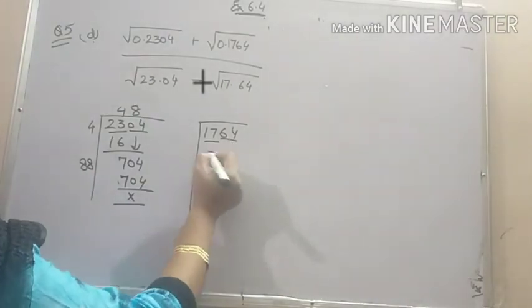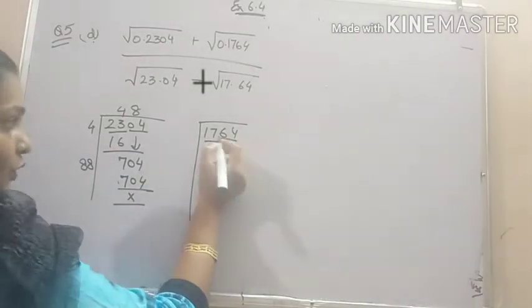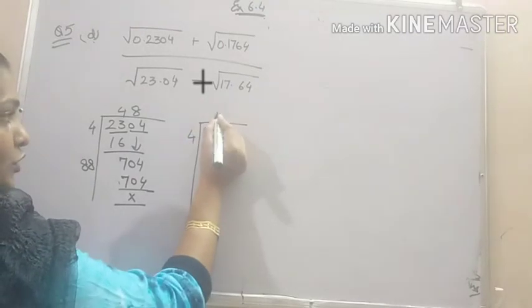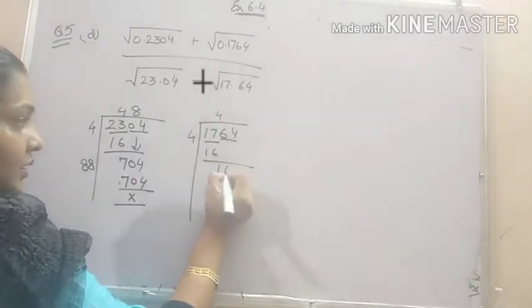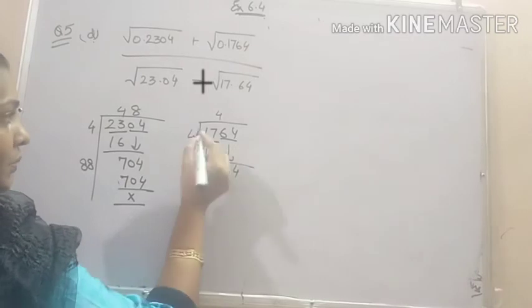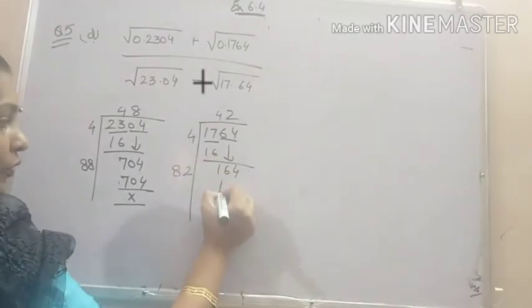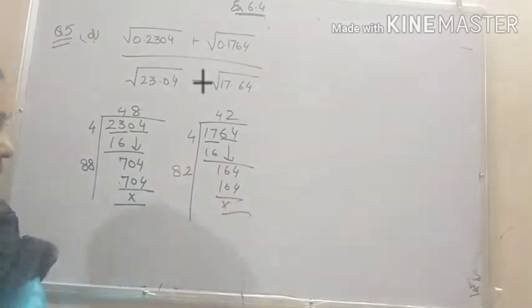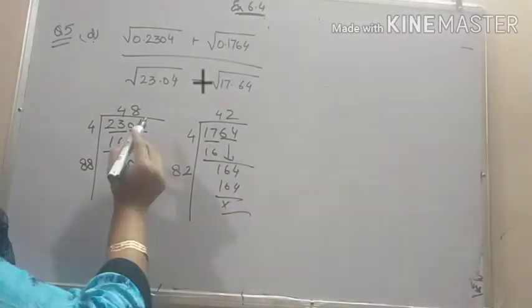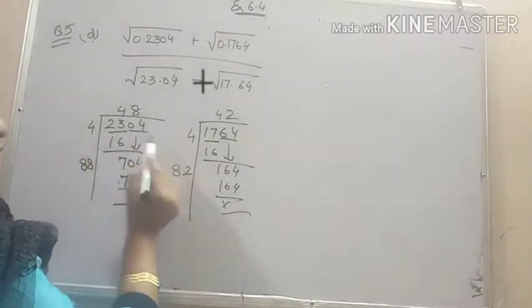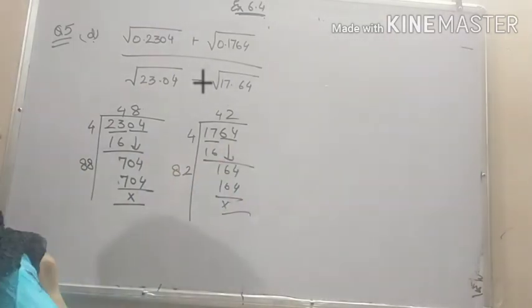Similarly, we will find the square root of 1764. 17, 4 4s are 16, 1. Bring the next pair down. Double of 4 is 8. Now 8 2s are 16. So 2 will come over here. So we got the roots of 2304 and 1764.